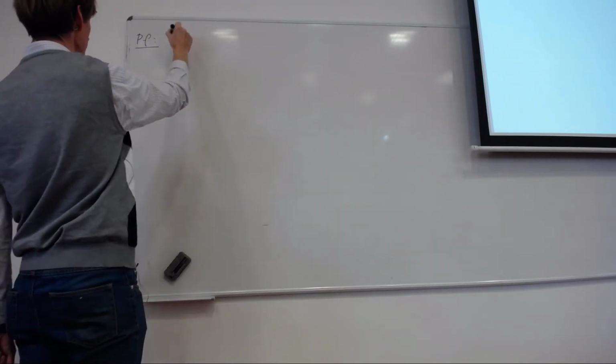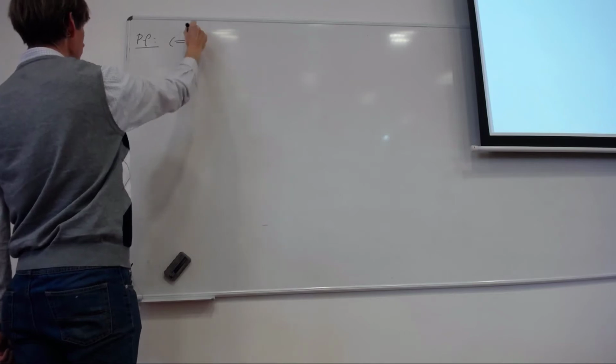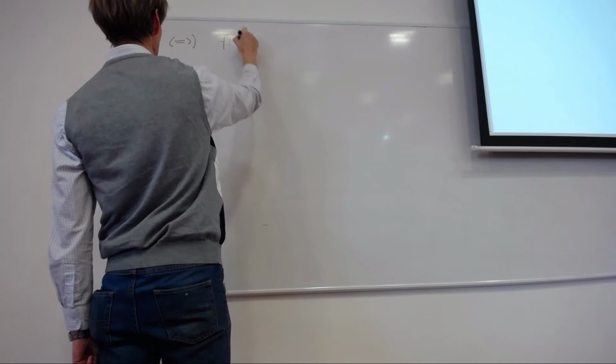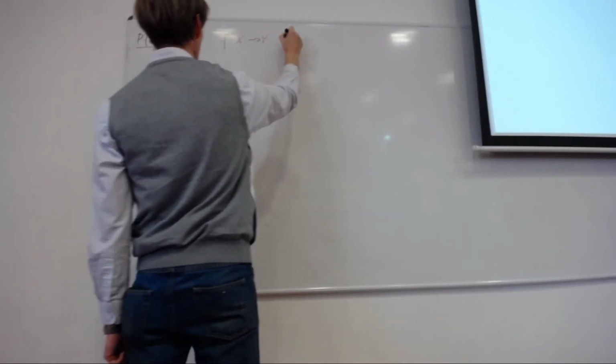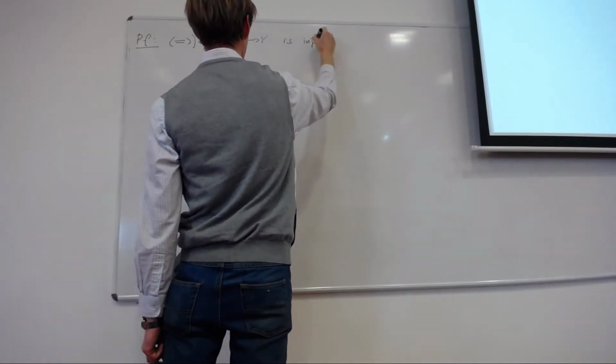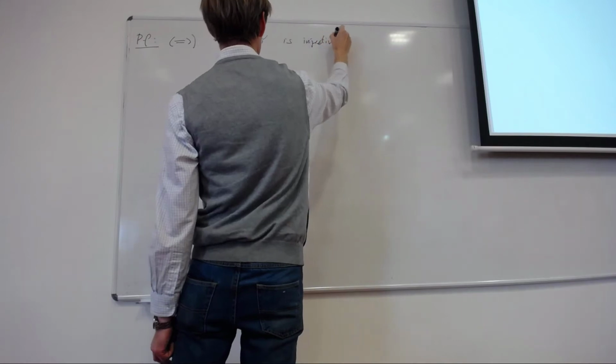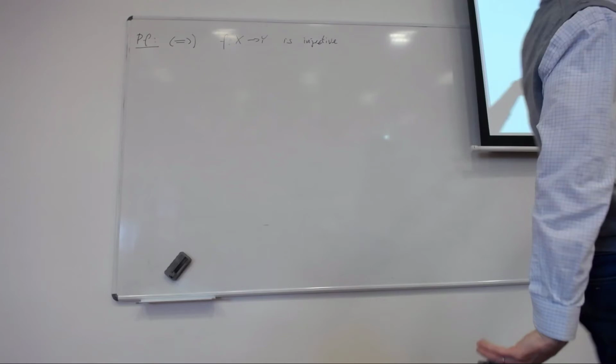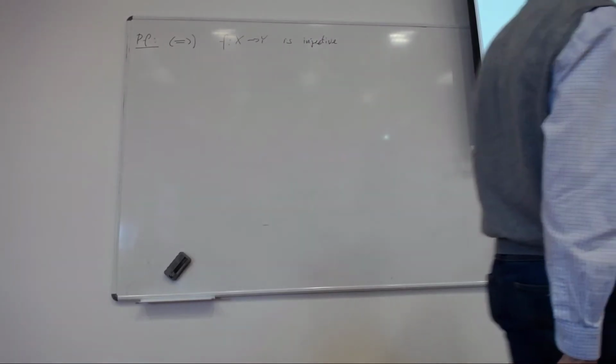Let's try to go this way first. So let's say that the function f from X to Y is injective. And we want to show this cancellation property, that it actually holds.